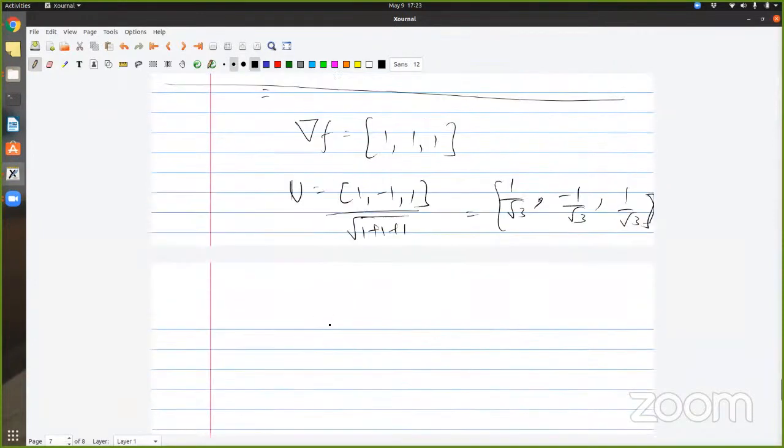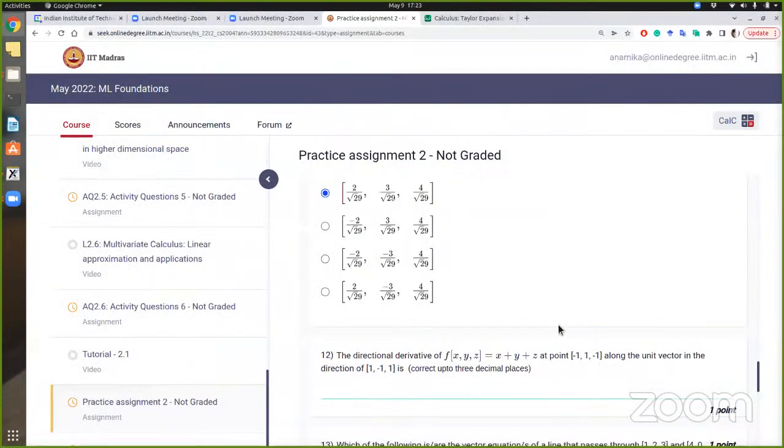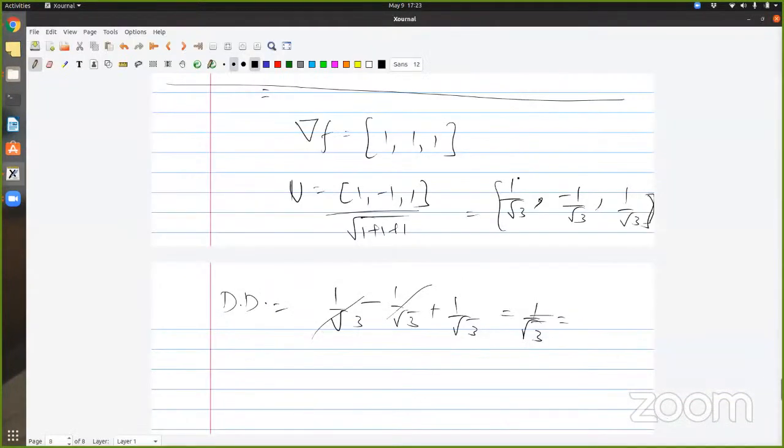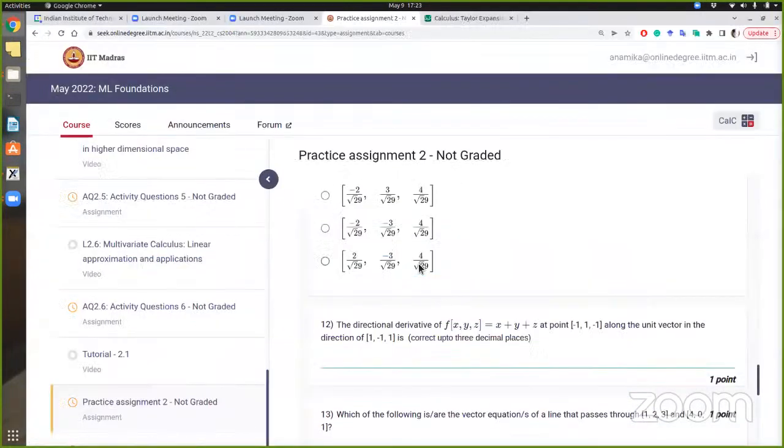So the directional derivative will be simple, right? Yeah, that's all. 1 by square root 3, whatever that comes out to be, that will be the answer. Okay, you can just compute that. Is it clear? Any doubts? No. Okay. All right.